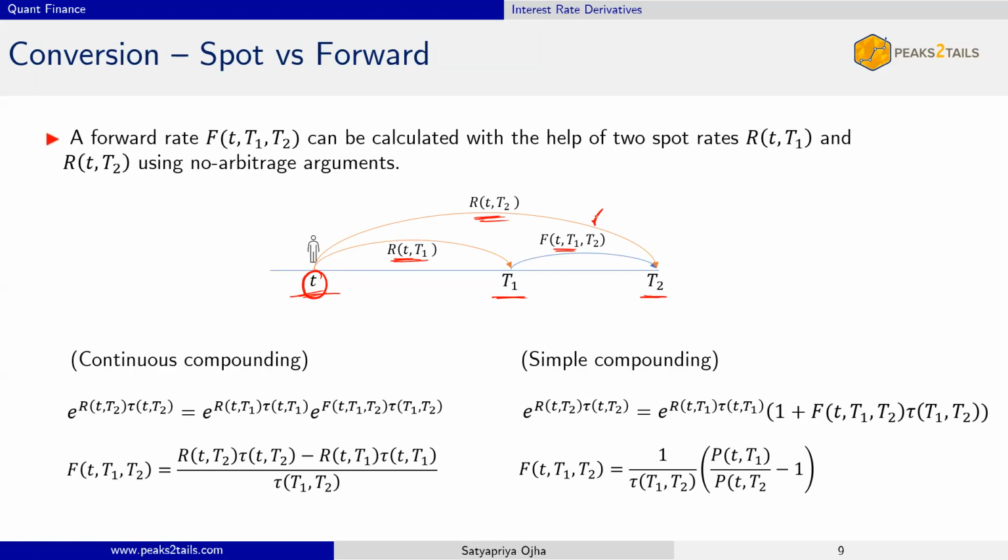Suppose you are trying to stay in a hotel for 4 nights, starting right now. You can walk into a hotel and book it for 4 nights. T2 is 4 nights. So you get the rate applicable for the entire 4-night period, and that is the spot rate because your period starts right away.